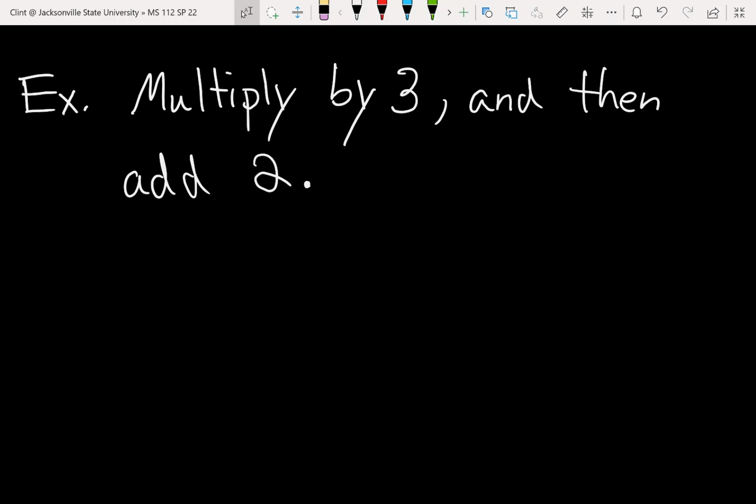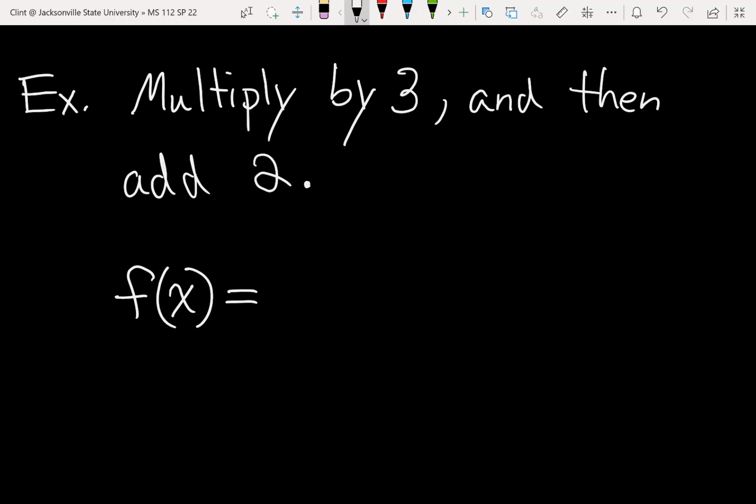Typically, the way we would write that down, we don't normally write it in words. Normally, we write it in a math equation form. So with our notation, to get our f of x, our output, we do whatever the rule says, and then we write the rule down as a math expression. Our input is going to be x.